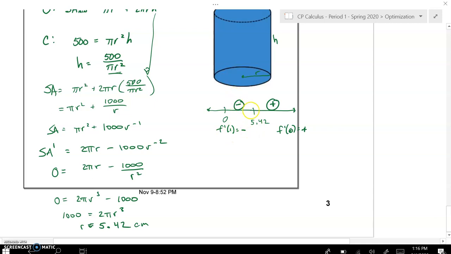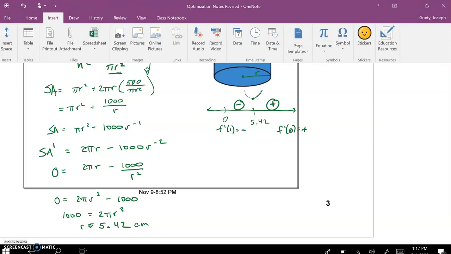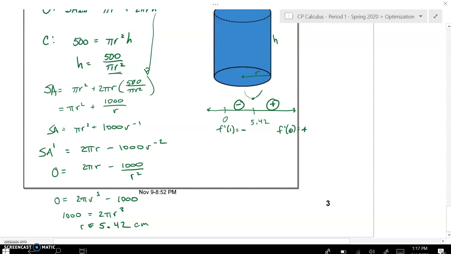So that means I'm decreasing as I approach 5.42. And then as I come out of 5.42, I tested a point, 6, and I'm getting a plus there, so it's increasing. So clearly in this case, I have a minimum at 5.42. That'll be the radius at the location where the minimum surface area occurs.